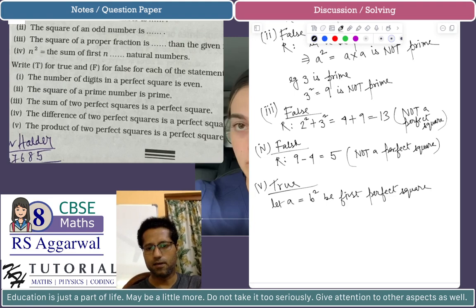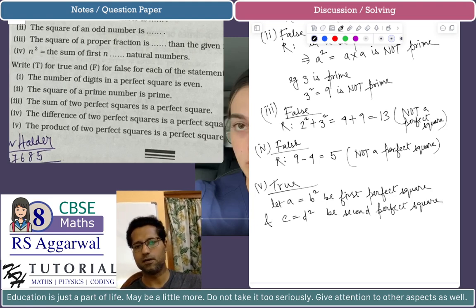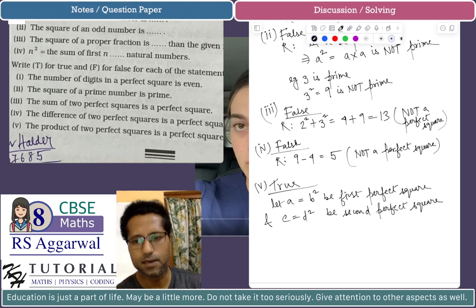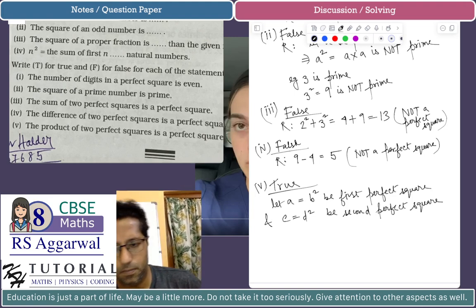So let A be the first perfect square, and let C equal D square, the second perfect square. So C is another perfect square. Let's say C equals D square.